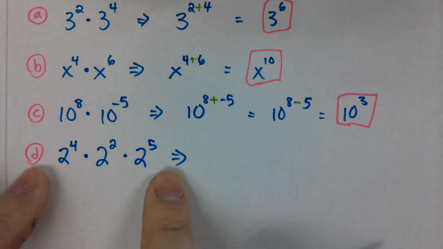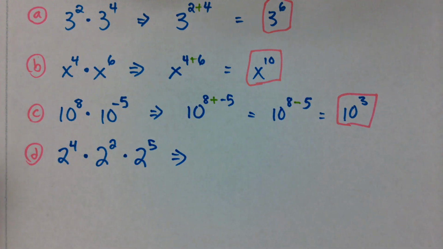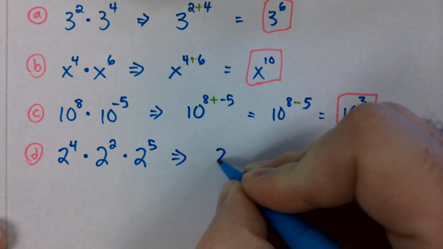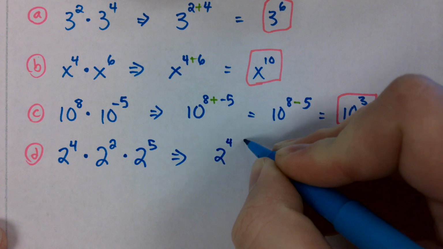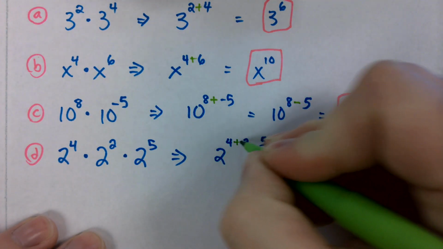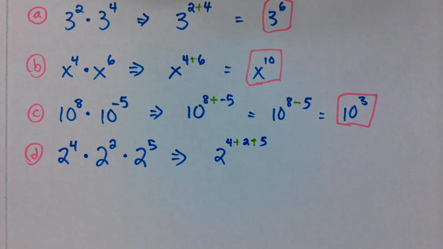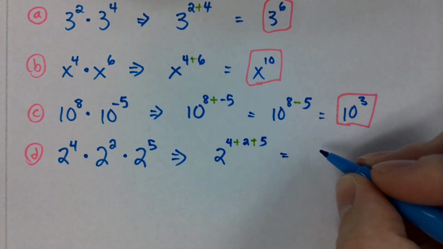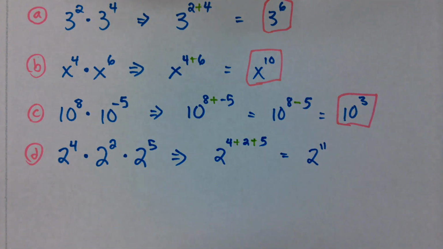We could have 3, 4, or 1,000 things we're multiplying. We rewrite our same base, add together all 3 of our exponents, and we get 4 plus 2 is 6, plus 5 is 11.